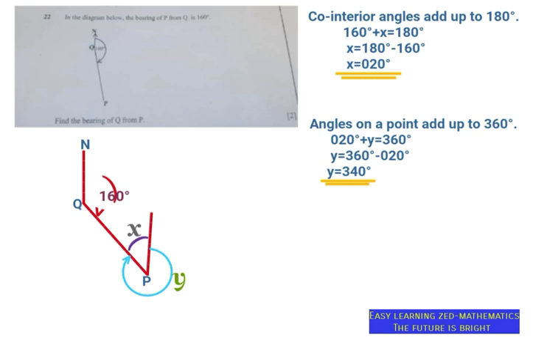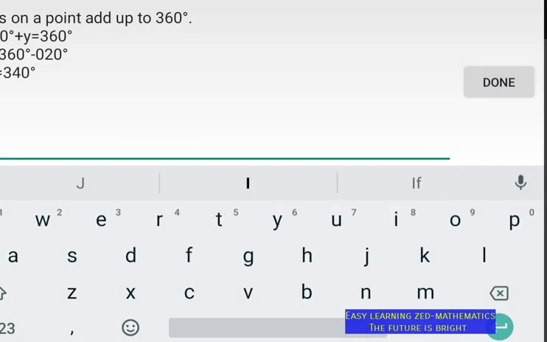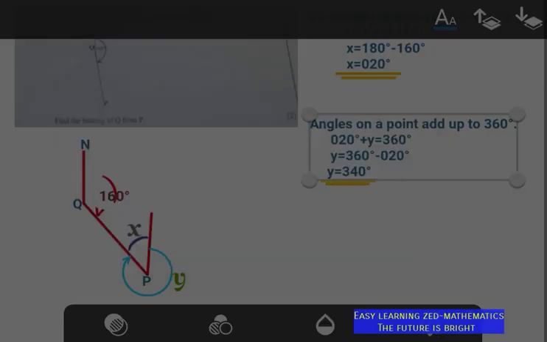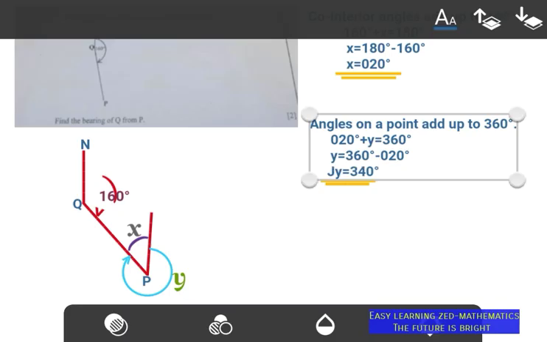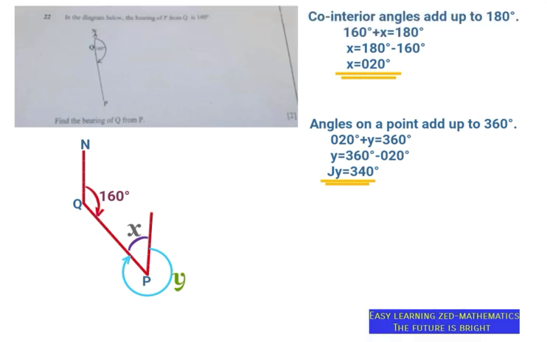I also observed that here, this one is supposed to be like this. The app just misbehaved, so that's how it should look.